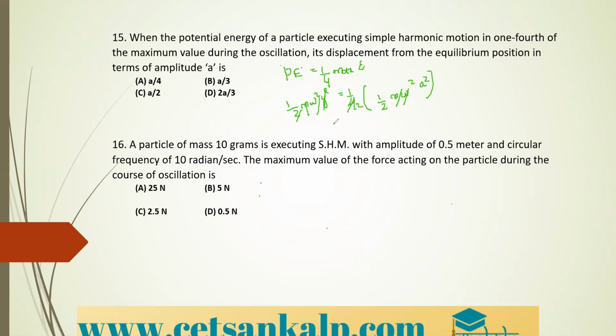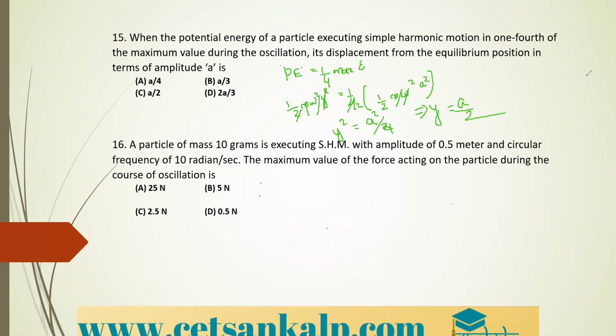Therefore, you will get it as y square is equal to A square by 2. And that is nothing but, so here it is 2 into 2, it is 4. Therefore, y is equal to A divided by 2. The correct option is option C, that is y is equal to A divided by 2.